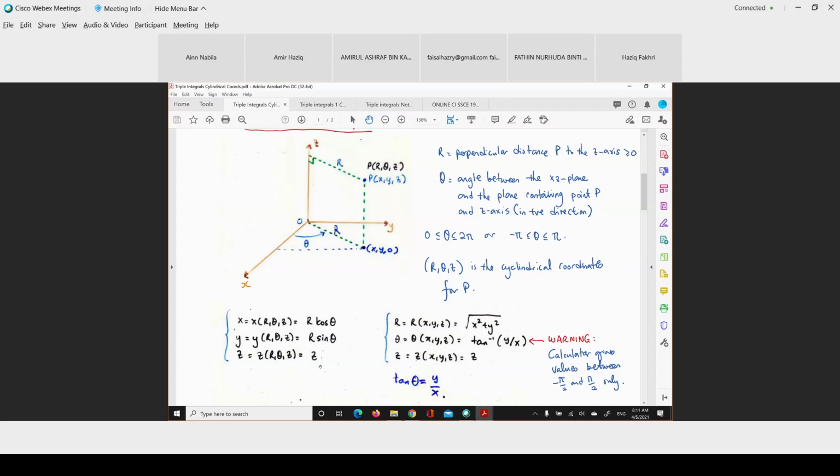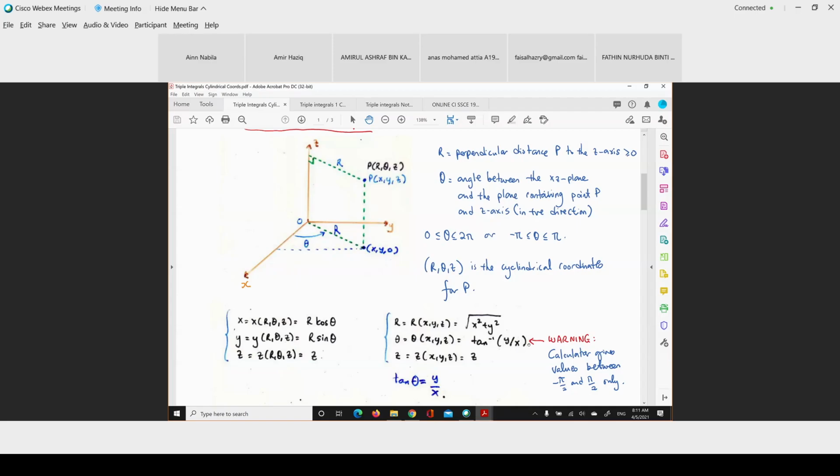So again, from the relationships on the left, you can derive that r is the square root of x squared plus y squared. R is the distance, so using the distance formula, it is equal to the square root of x squared plus y squared. And theta is written as inverse tangent of y over x.